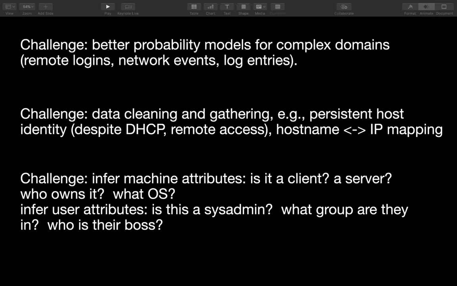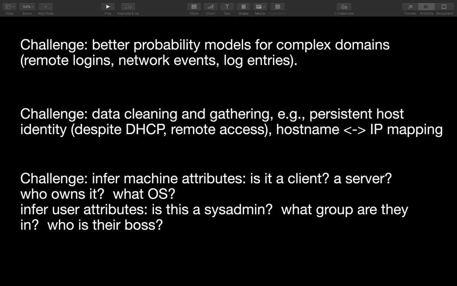You know, what's the group of developers? What's the marketing group? What's the communication patterns between users? What's the hierarchy for a given user? Who's their boss? Being able to infer that from observations that are readily available, the logs that are readily available, like network traffic or system logs, would be a useful building block that I think would help us build better detectors.